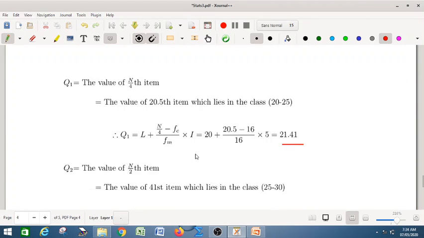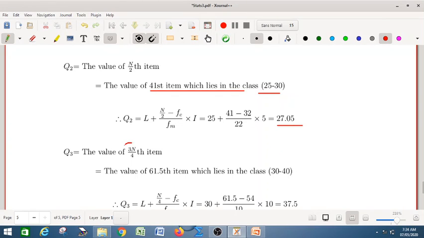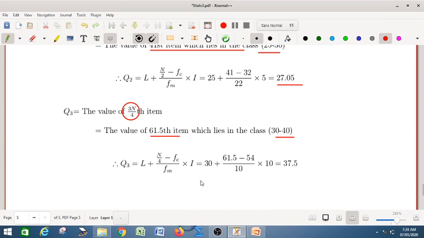Look at the calculation now. Yes, 41st item. This is 25, n by 2 is 41, 32 by 22 into 5 width of the class. And similarly Q3, the thing is that you calculate 3n by 4, that will be 30 to 40 is the third quartile class, and 61.5 is the value of the item.